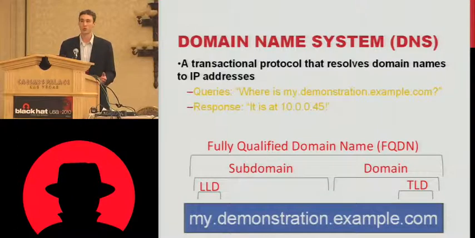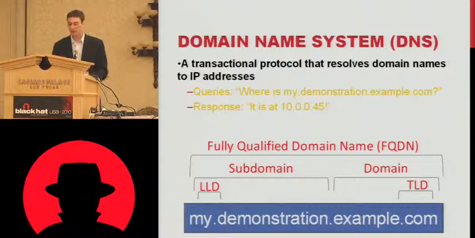And there may be more than one answer. They may give a list of 3 or 4 IP addresses, and we'll talk about that. But it'll basically give you an IP address. It is at 10.0.0.45. Down at the bottom, I have a bunch of different names that I'm going to be using throughout the speech. So just familiarize yourself with those.